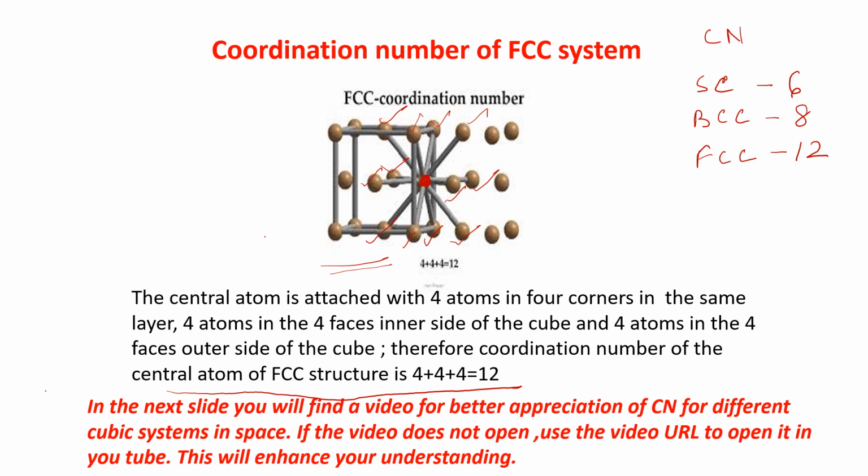In simple cubic, you have one atom in each corner. In body centered, each corner has one atom, along with one at the center of the cube. And for face centered, you have 8 atoms at 8 corners, and each face has one atom.